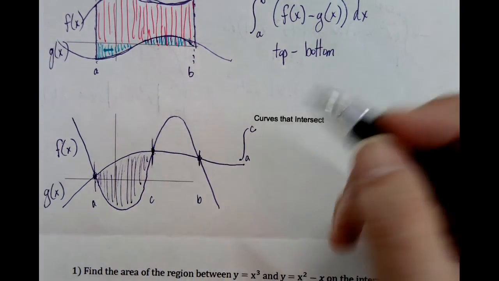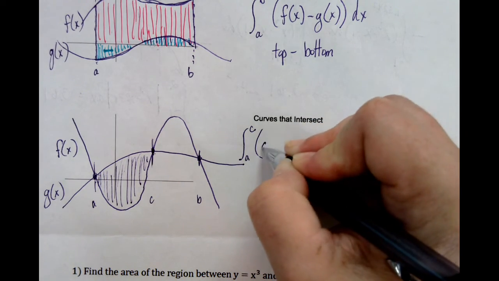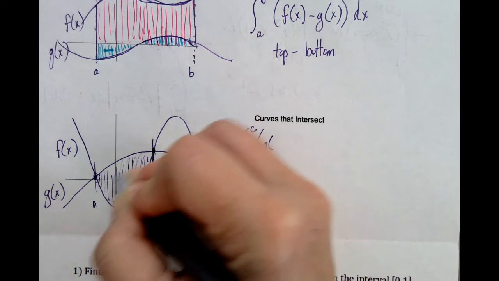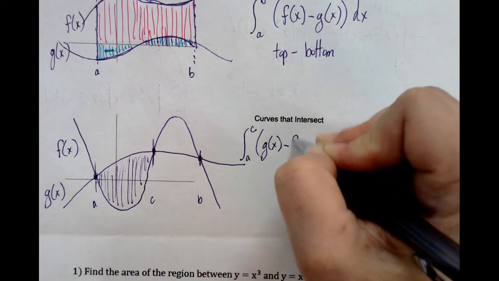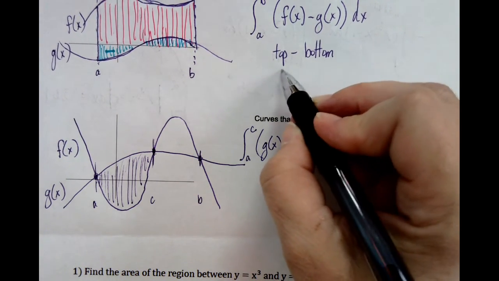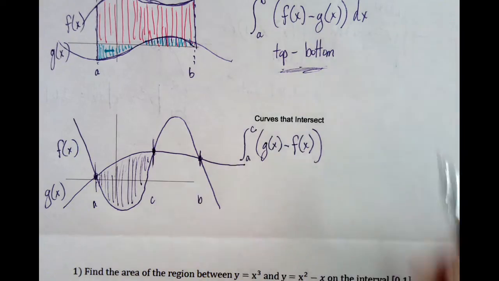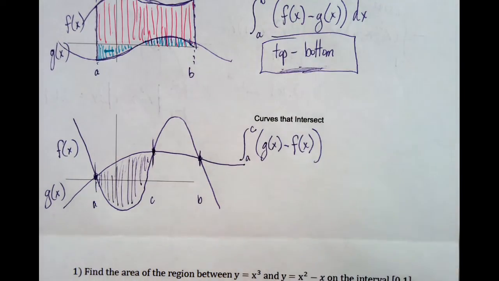Of what minus what? g of x minus f of x. In that area, g of x is on top and f of x is on the bottom. And like we did before, we need to do top minus bottom. That is the big idea here.